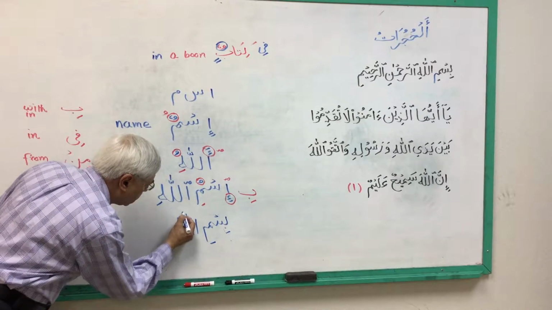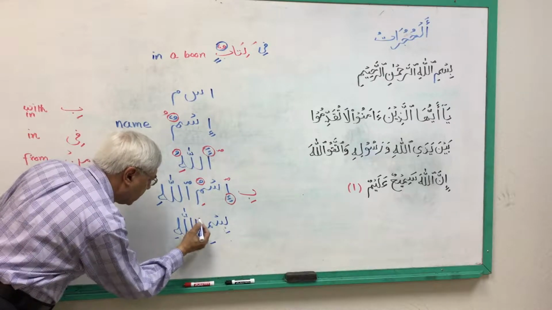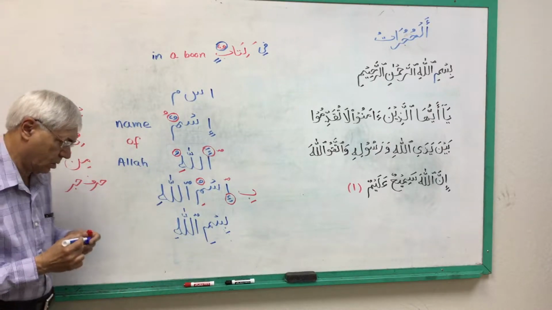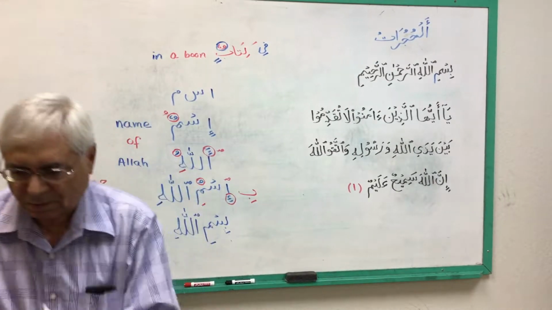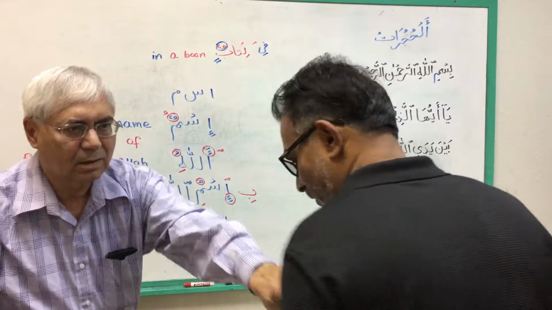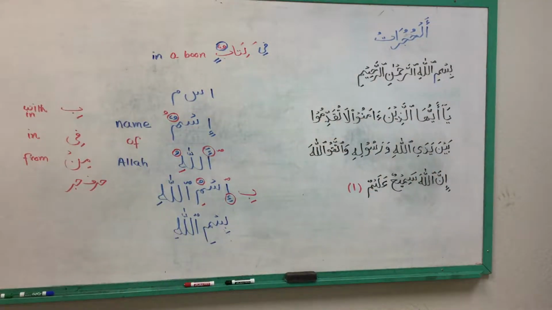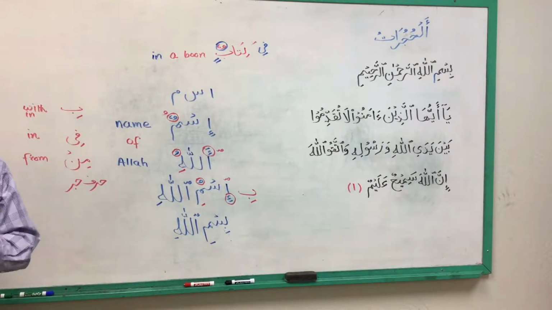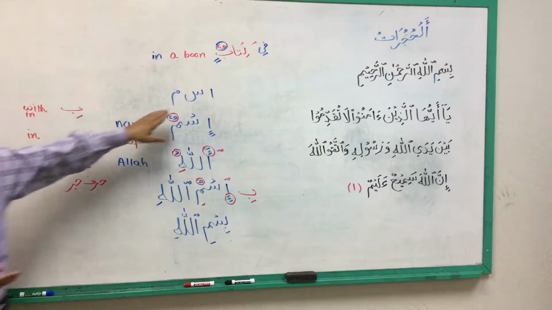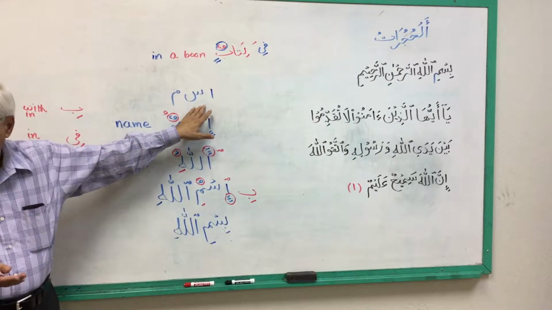Bismillahi. So we don't write Hamzatul Wasl? Yes, in this case, this is the only place in the Quran where this Hamzatul Wasl is not written. It is there because it's a part of the original three root letters.